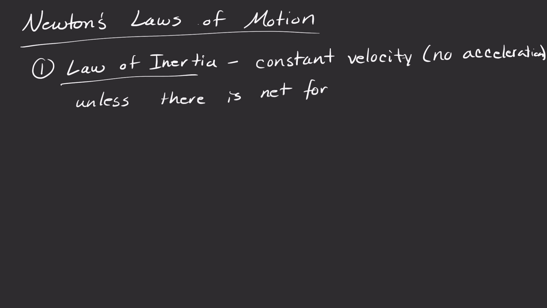So if you add up all of the forces and there's still a net force, then the object is going to accelerate. Otherwise, it's going to keep going in a straight line at the same speed. Okay, so that's what it means to have constant velocity. You're not changing direction, you're not speeding up, and you're not slowing down.